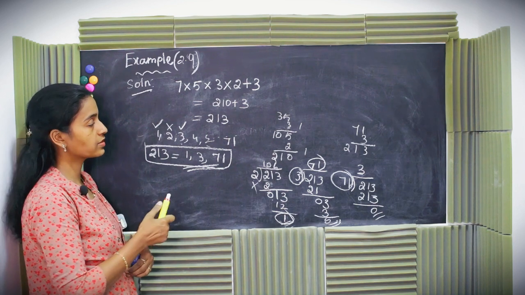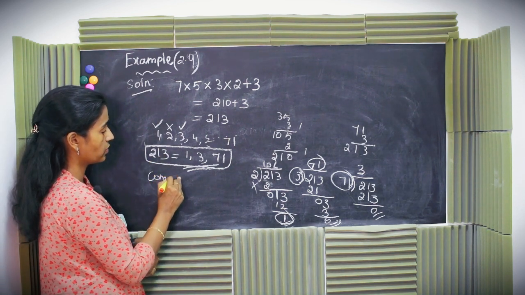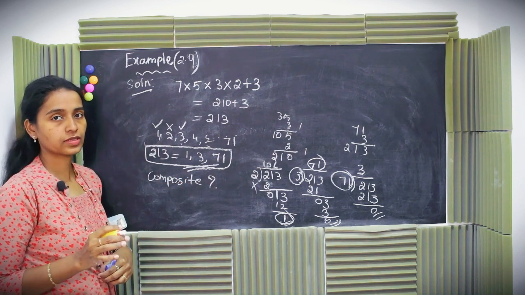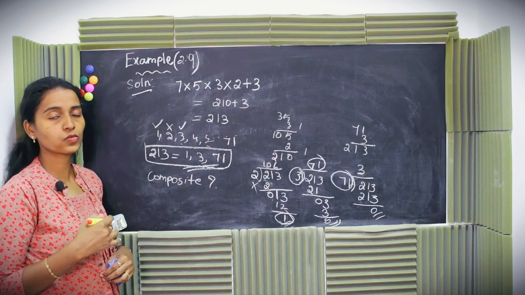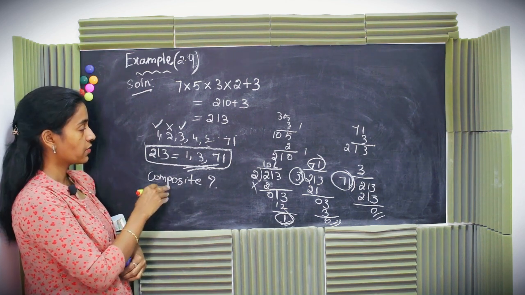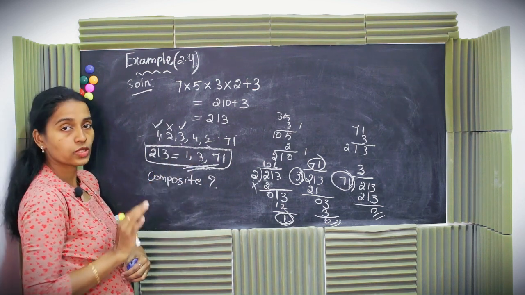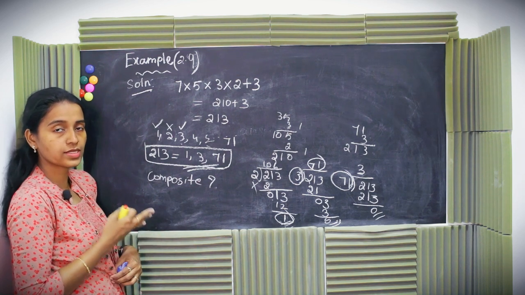What did I say earlier, what is the concept of a composite number? The number which has more than 2 factors is called a composite number. We have a total of 3 factors, so 213 is a composite number.